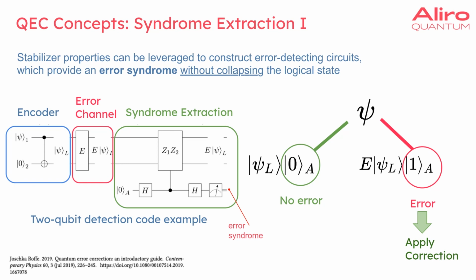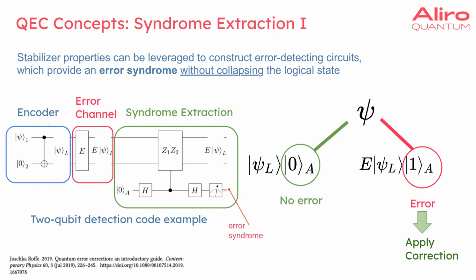So what happens, the Hadamard gates in the circuit create a superposition and split the state space across a few different components. One of the branches here has the logical state that's correlated with a measurement outcome of 0 on the auxiliary qubit.